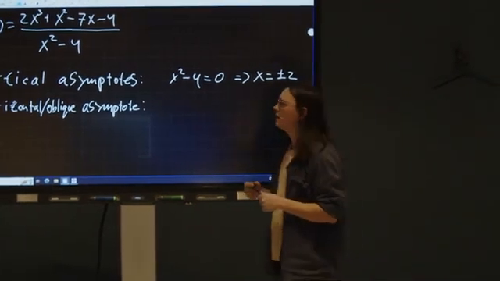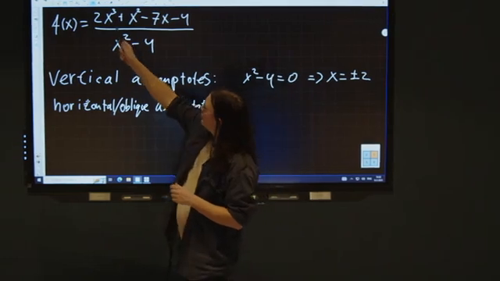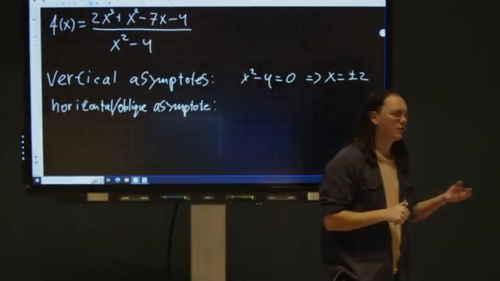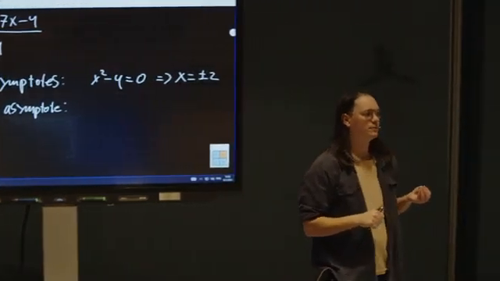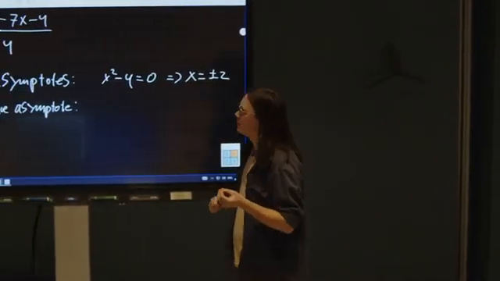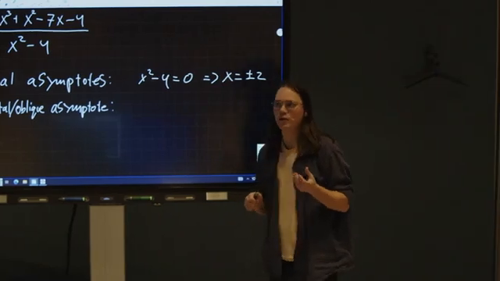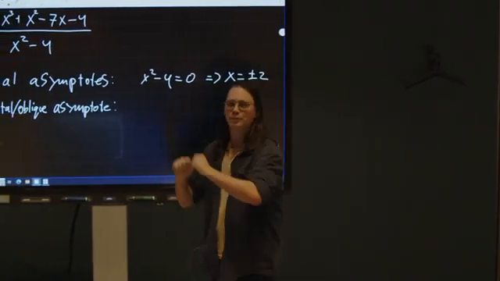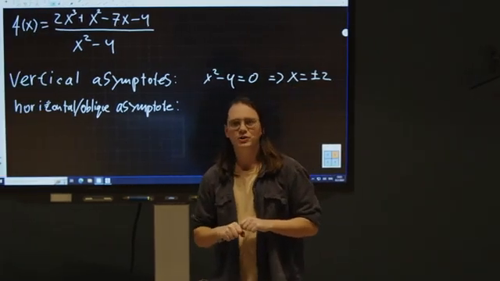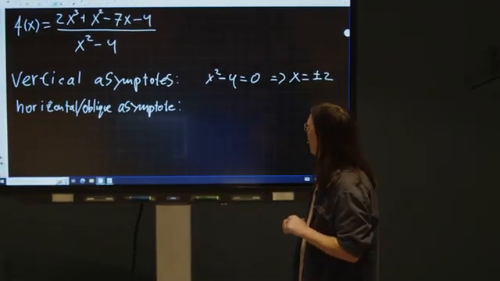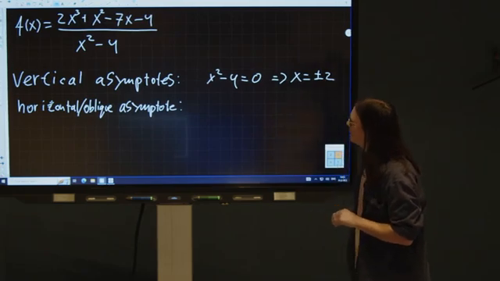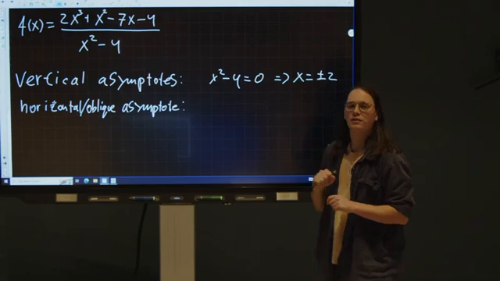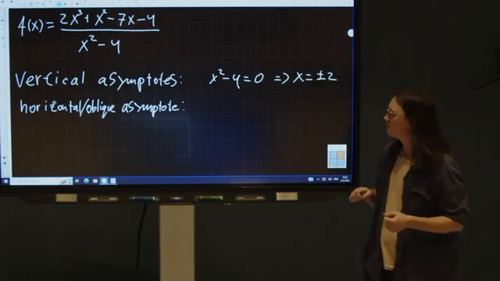I can see that because the degree in the numerator is 3, while the degree in the denominator is 2, so there's a bit of an overshoot. What I'm really looking at is some linear polynomial and then some proper rational function tacked on. So how am I going to find that? Well, I'm going to do a long division of that numerator by that denominator.